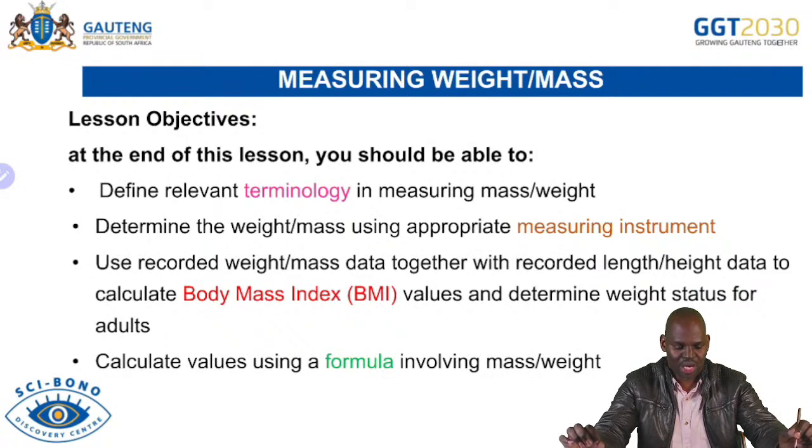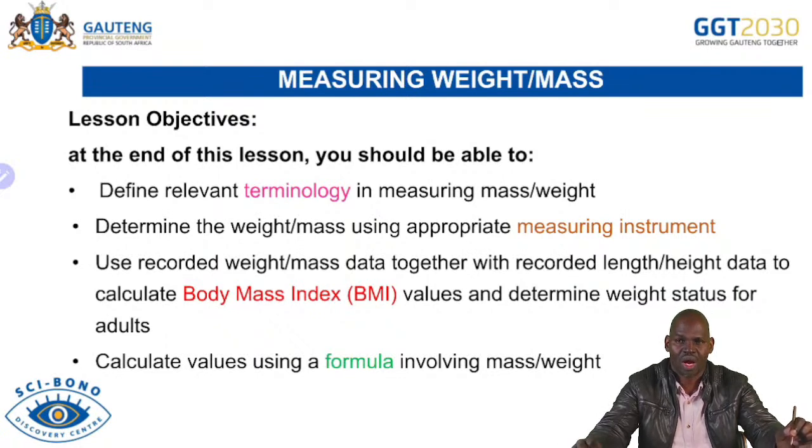Then you must also be able to determine weight, mass, using appropriate measurement instrument. You should also be able to use recorded weight, mass data together with recorded length, height data to calculate body mass index, and also be able to determine the weight status for adults. You must also be able to calculate values using a formula involving mass or weight.